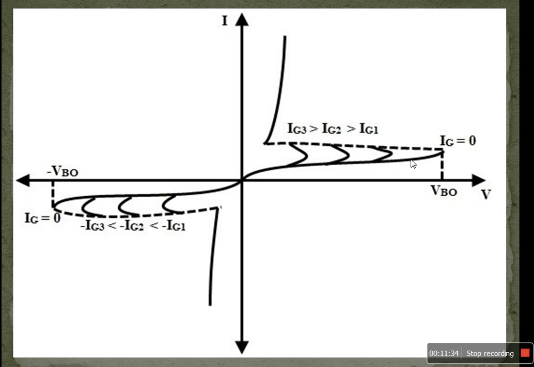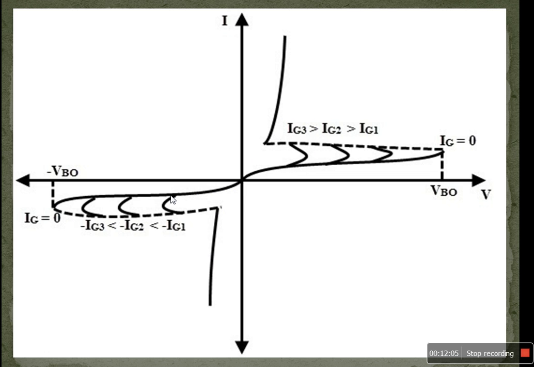That current will be represented like this in the VI characteristics. Once you apply some forward voltage at the gate terminal, then immediately after some cut-in voltage, the triac will be turned on. Similarly, if you make MT2 negative with respect to MT1, initially a small amount of current flows like this. After some cut-in voltage, the triac will be turned on.